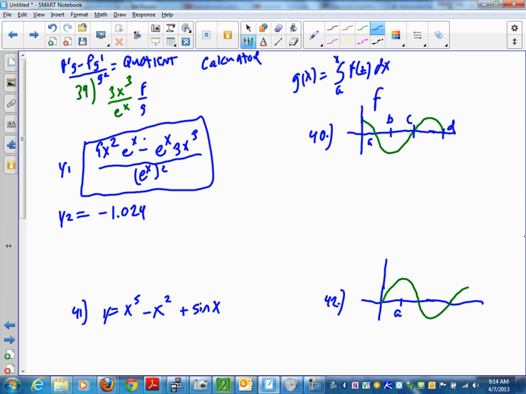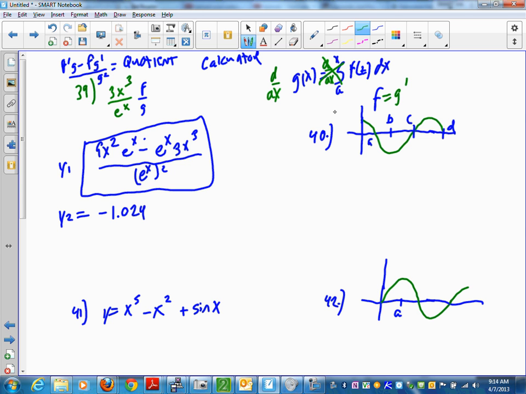So remember the second fundamental theorem. If I take the derivative of both sides, this basically cancels out integration, differentiation. So this is f of x. See that cancellation right there. Now this is equal to the derivative of g.